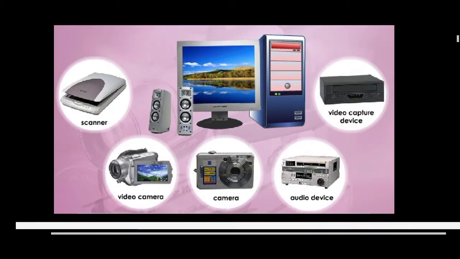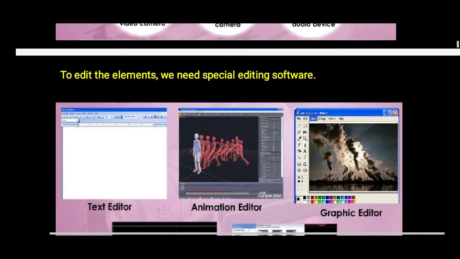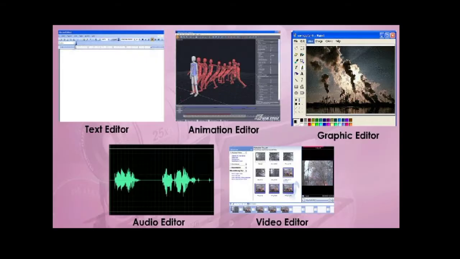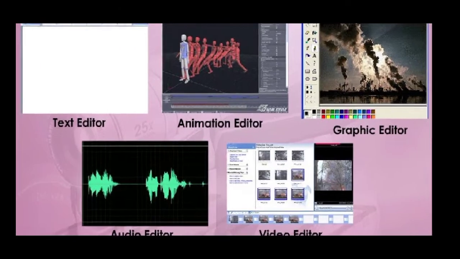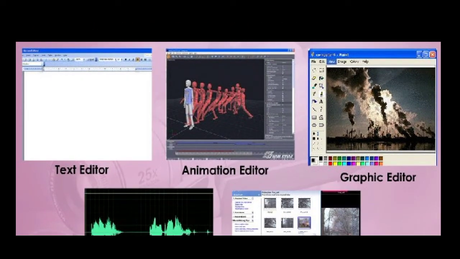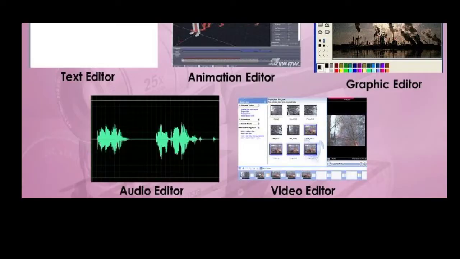Here, to edit the elements we need special editing software. For text we use a text editor like a Windows document, then an animation editor, a graphic editor, an audio editor, and video editors.